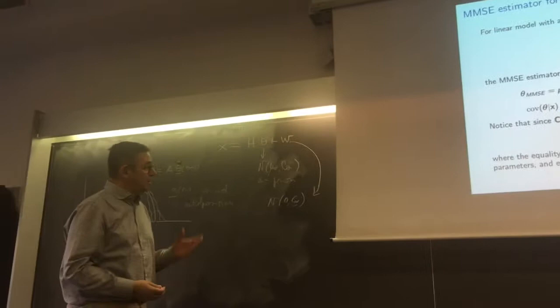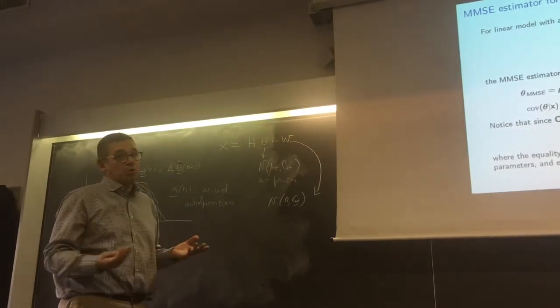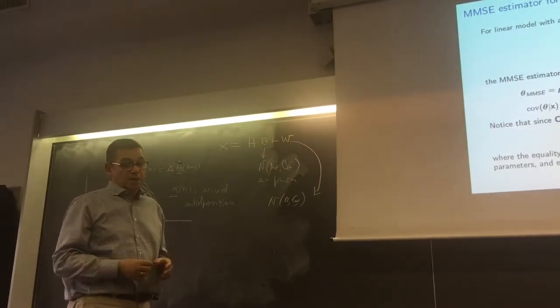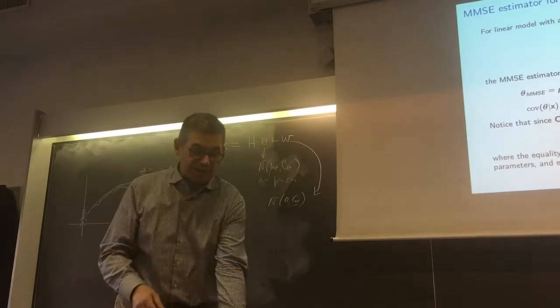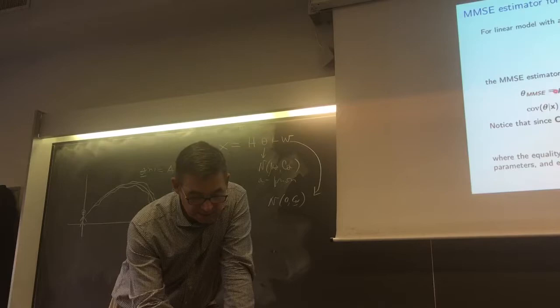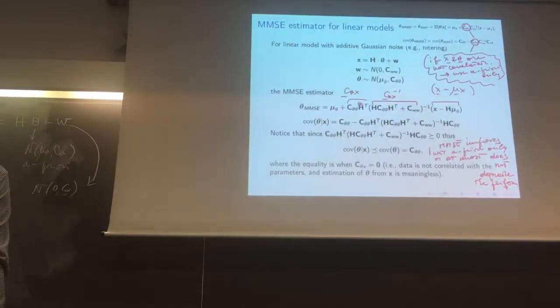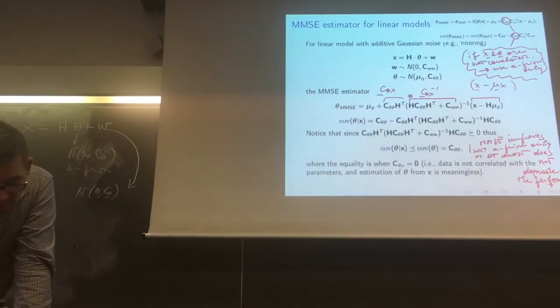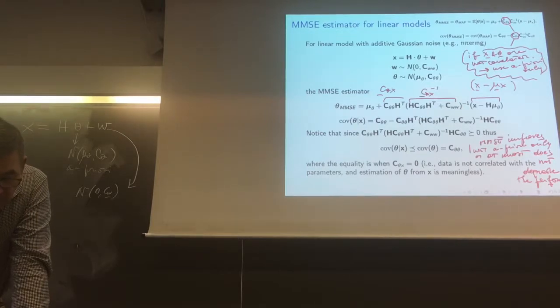So when I tell you about this new problem, you should not be surprised. What is the behavior of the theta MMSE? Well, theta MMSE is the mean plus all this manipulation times x minus h times the mean of theta.